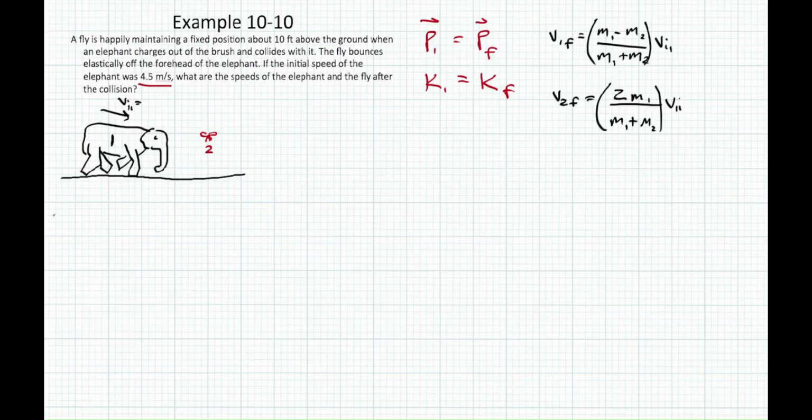So let's say the mass of the elephant is 100,000 times the mass of the fly. We don't need their actual masses, but if there's a giant discrepancy in mass, we're going to see what happens with the two objects' velocities after they collide.